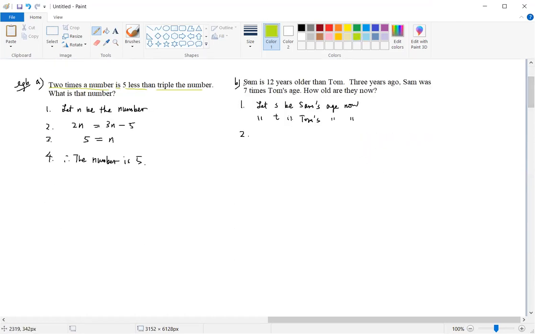Okay, first piece is right here. This is quite easy to do. This piece of information: age is different every year, but Sam is 12 years older than Tom. Actually, it doesn't bother us, because you think of you being 3 years older than your younger brother. Now you are 3 years older than him.